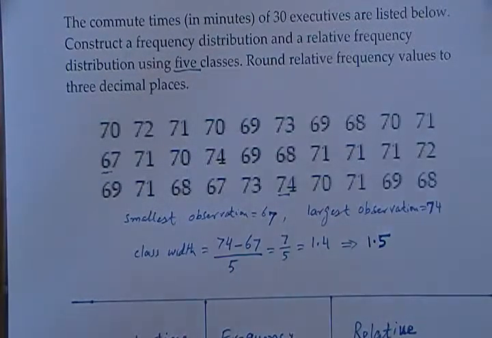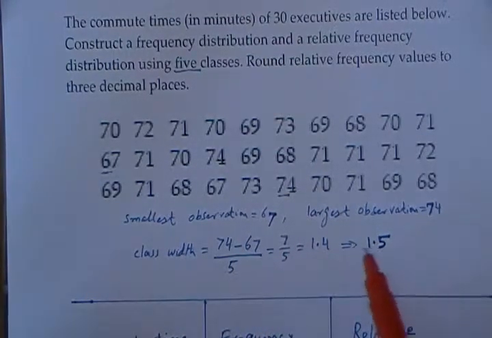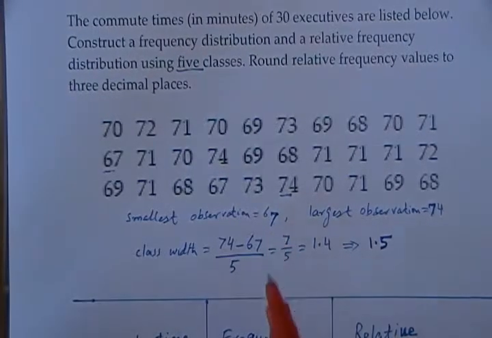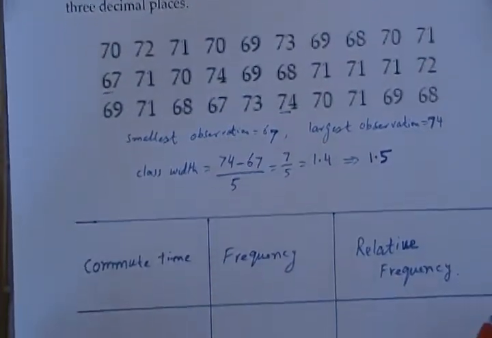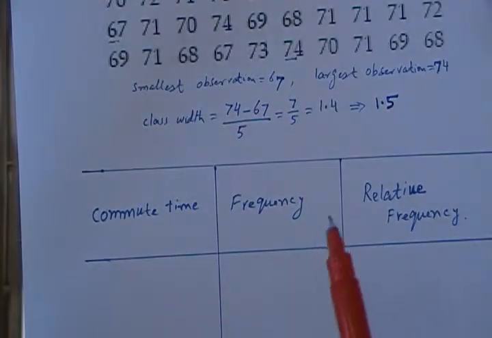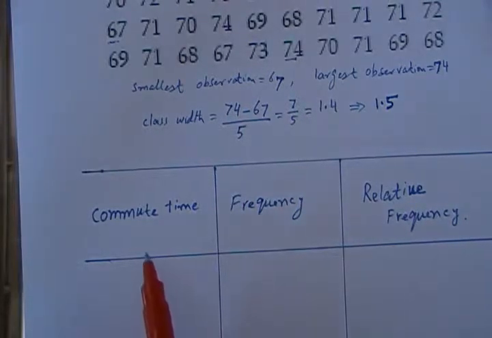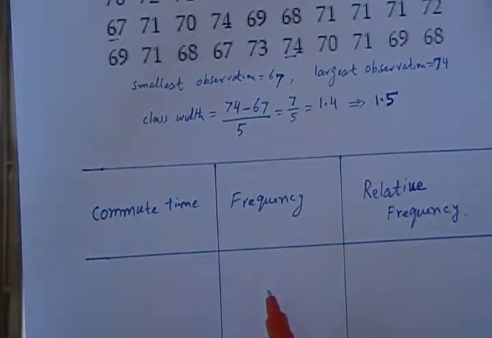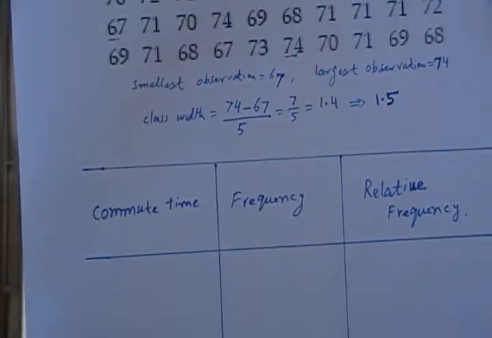So we have the class width and we know where we want to start. This is how we go. Then we make a table something like this one for our frequency distribution and relative frequency distribution. In this column, commute time, we would define our classes, then the next column is frequency, the number of observations in that particular class, and then relative frequency.